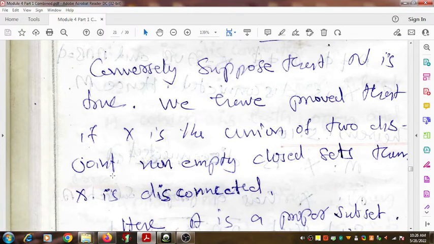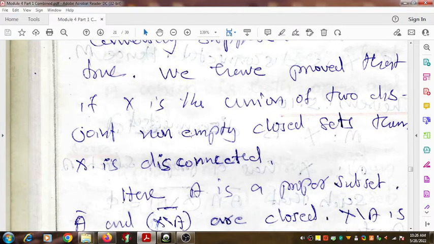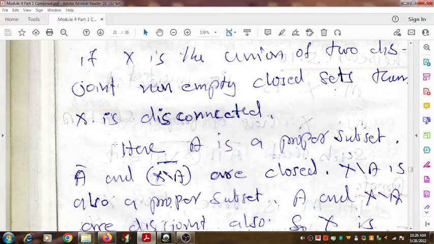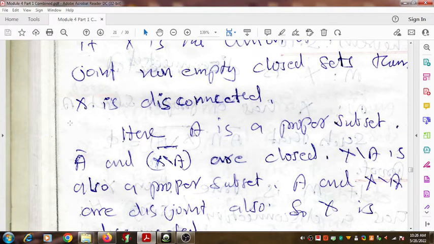To get the complete proof, we have to use an already proved statement: if X is the union of two disjoint non-empty closed sets, then X is disconnected. We have proved that for a topological space X. We can use that result here.